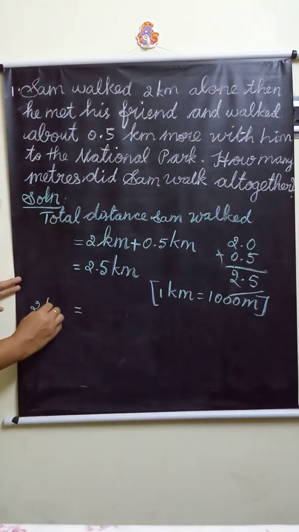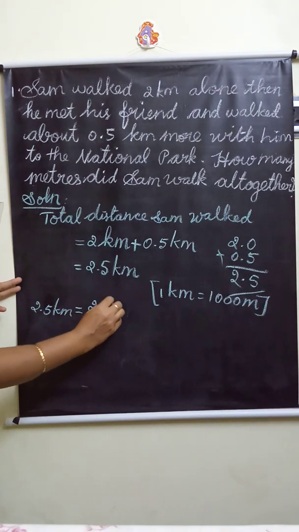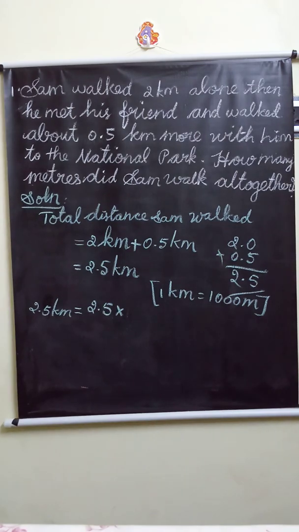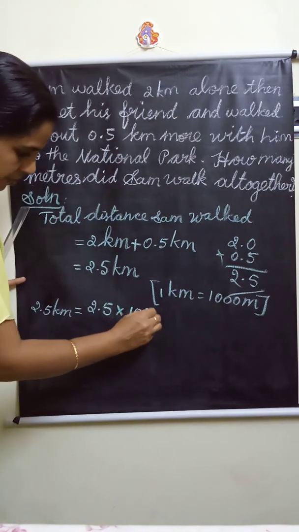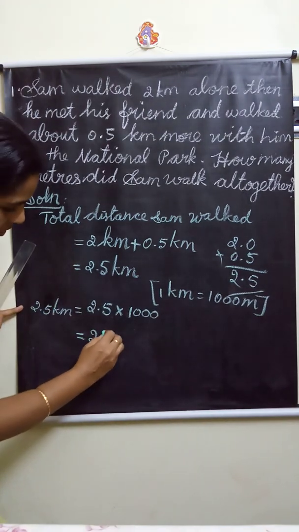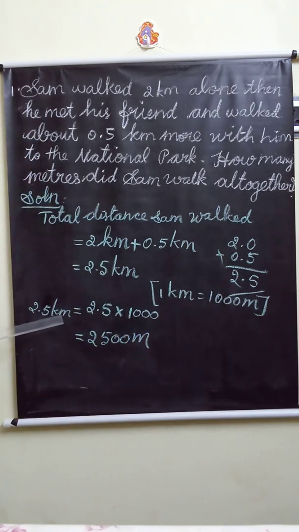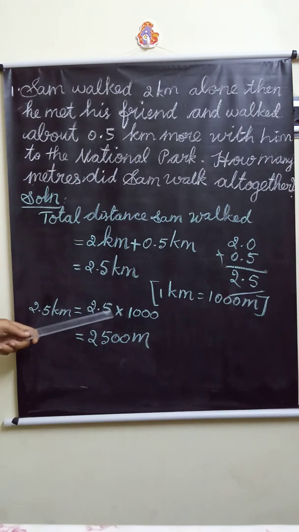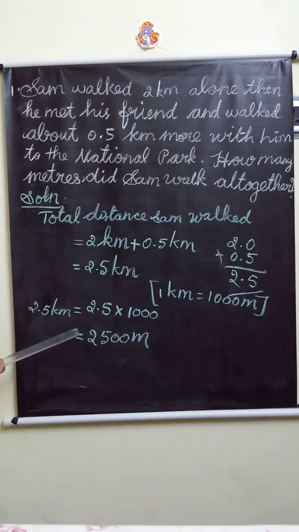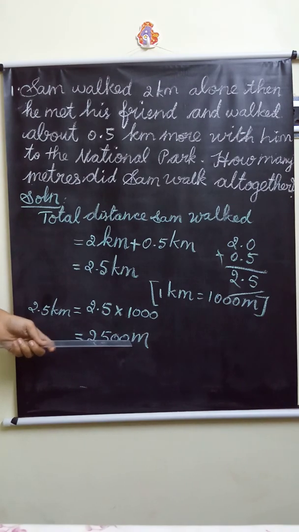So 2.5 kilometer equal to 2.5 into 1000 equal to 2500 meter. Sam walked 2500 meter.